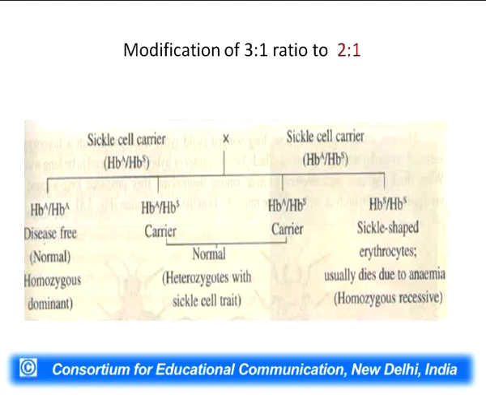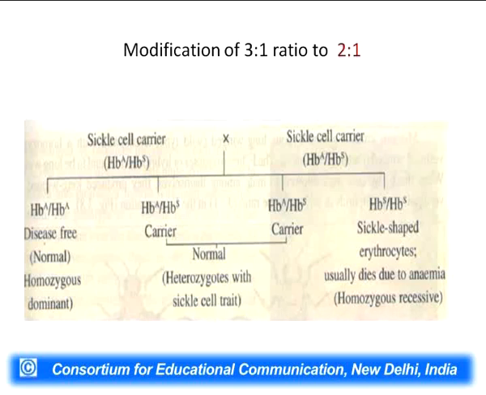The possibilities are just 1 in 4 that their child would be disease free or normal, because he or she would be homozygous dominant HbA, HbA, whereas maximum possibility would be that their children would be carriers, that is 2 out of 4, which means 50%, because they would be having HbA, HbS and they would themselves be carriers.